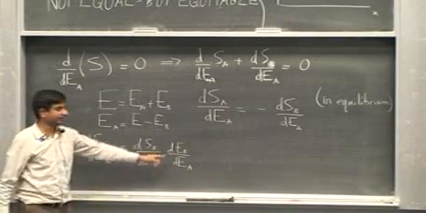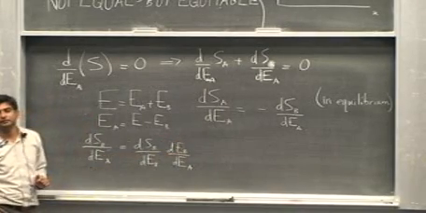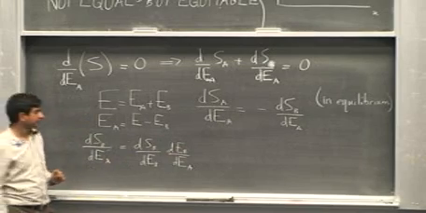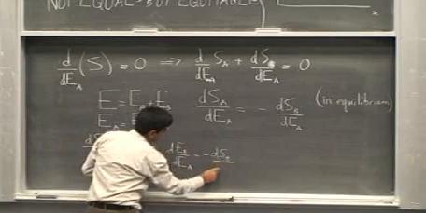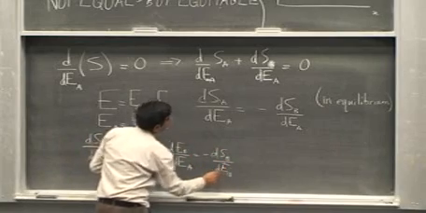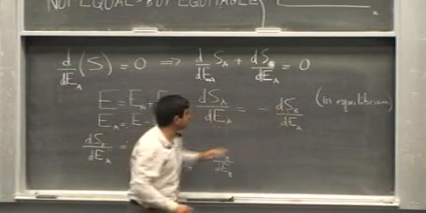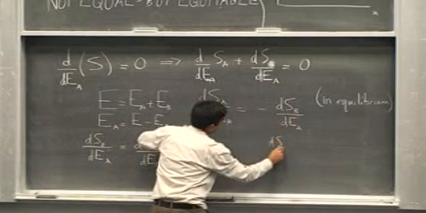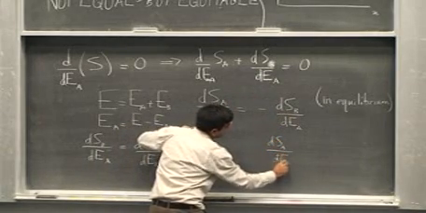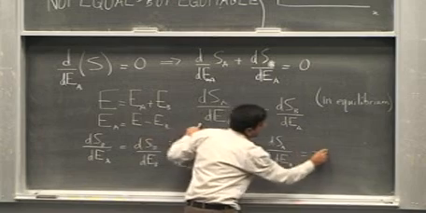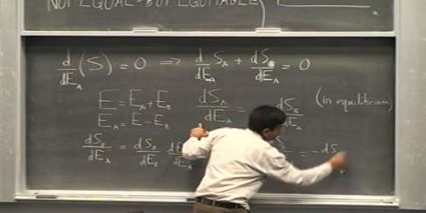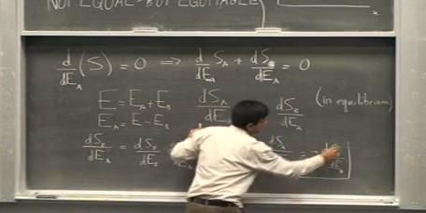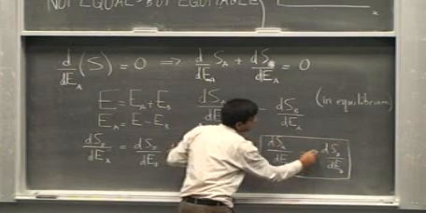It is minus 1. So I can put this equal to minus dSB over dEB, which means that if I look at this expression, dSA over dEA equals minus dSB over dEB. Plus, right? This becomes plus.